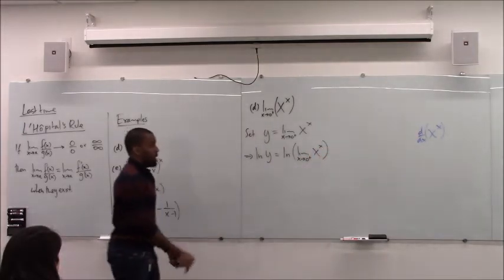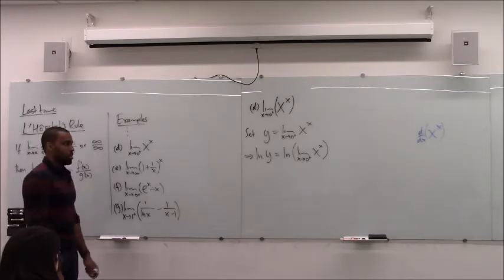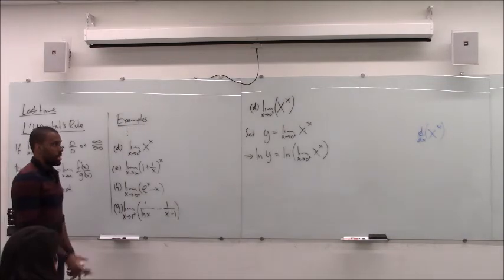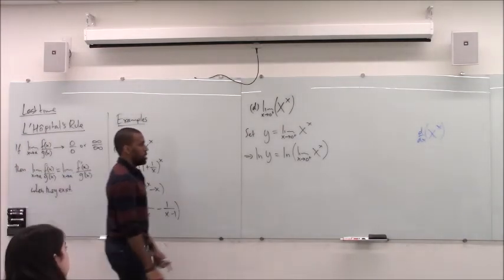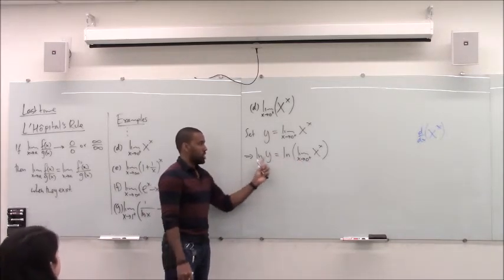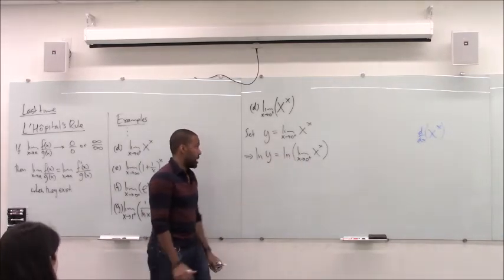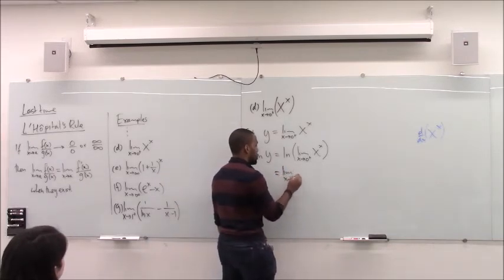Now, there's something that I mentioned with limits a while back, which might have been a little bit glossed over, but it's an important thing that's going to help us out in this case, is that limits can pass through continuous functions. Which means, because I know that the logarithm is a continuous function, I can literally shift the limit inside and outside of that at will. So I can actually move the limit part to the outside.